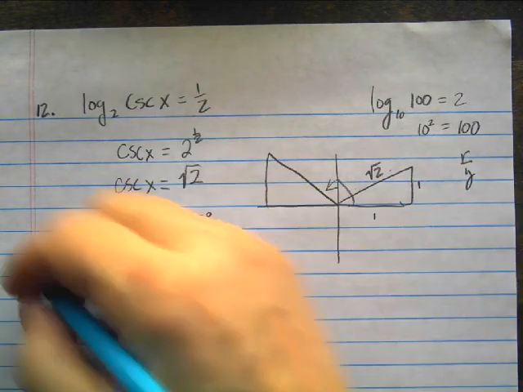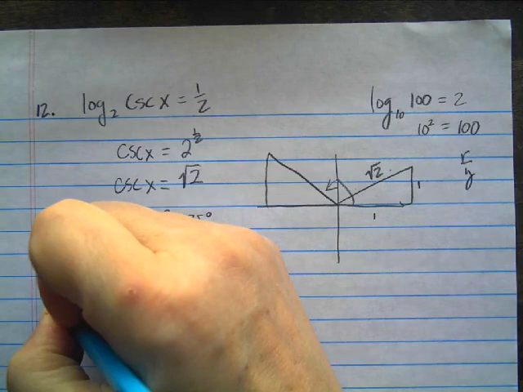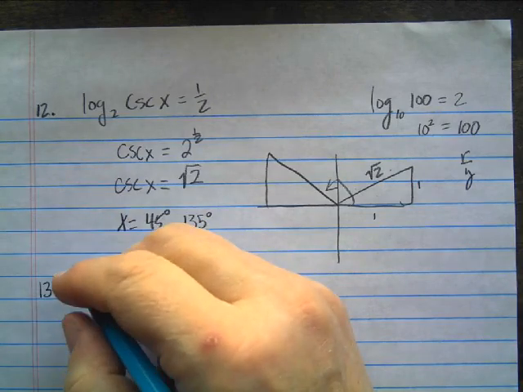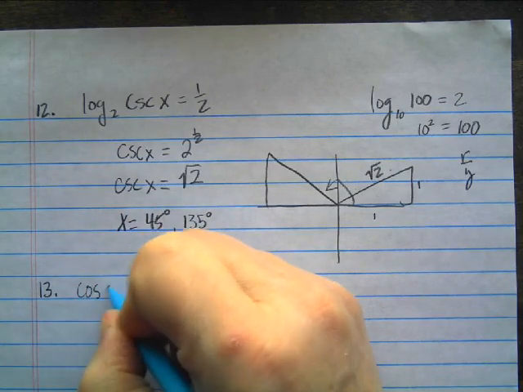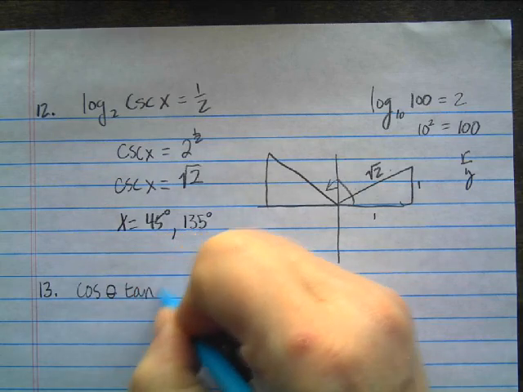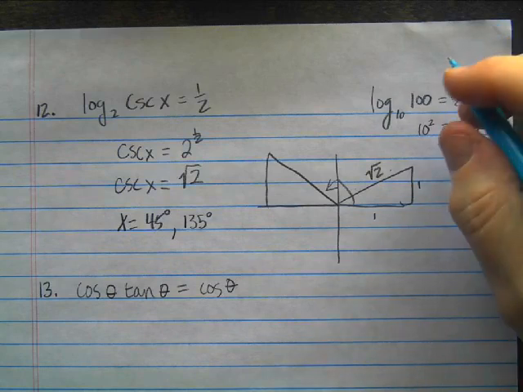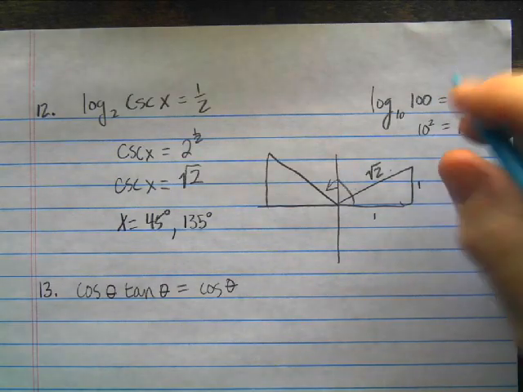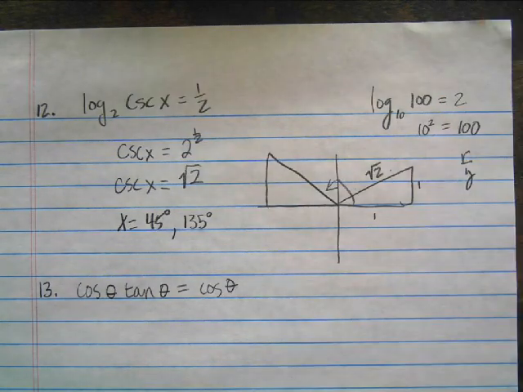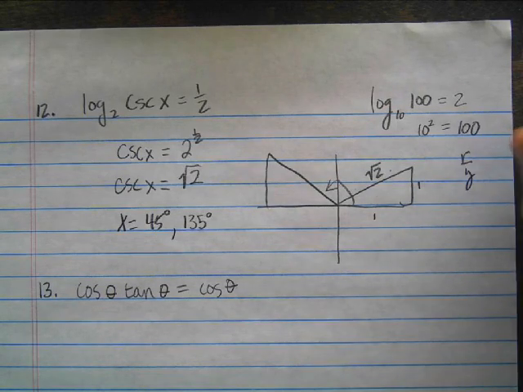Two more. 13. We have cosine theta tan theta equals cosine theta. And this is the one where you want to divide by cosine theta, get rid of it. Tan theta equals 1, 45 degrees. Good to go, right? No. You can't divide by cosine theta and get rid of it.